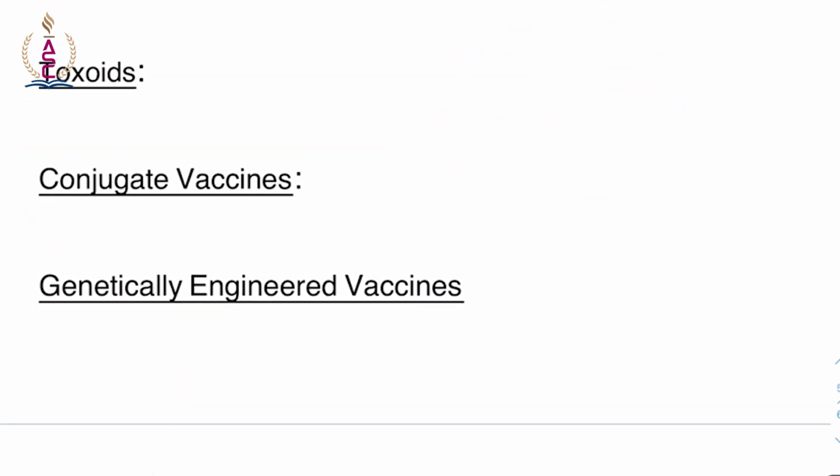So what are toxoids? Some bacterial diseases are not directly caused by the bacteria itself but by a toxin. In such cases inactivated toxins are used to initiate an immune response. For example, the bacteria as a whole is not harmful, but it will produce a few toxins. These toxins are inactivated just to an extent to initiate an immune response.